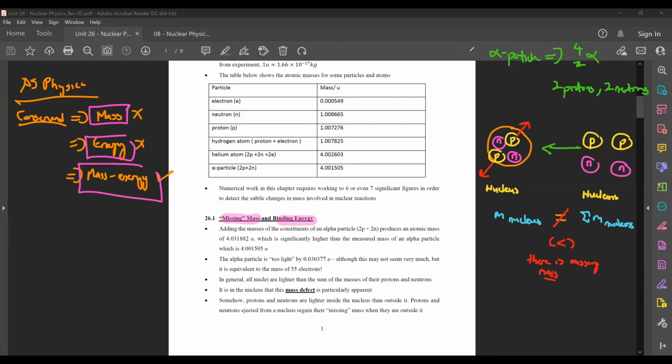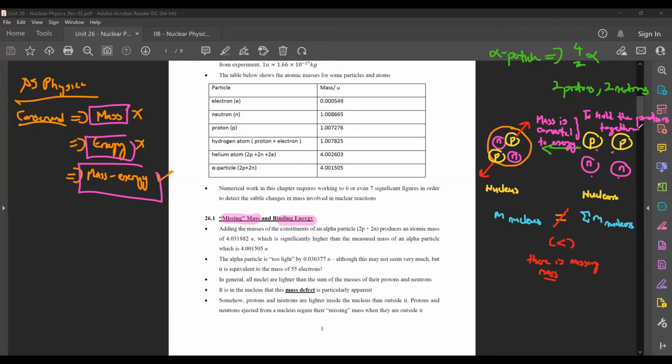So here, if I wanted to combine these two protons and these two neutrons together inside a nucleus, what actually happened was that mass is converted to energy in order to hold the protons together.